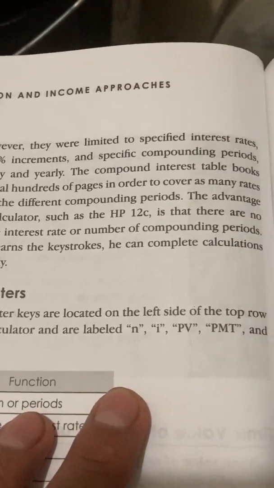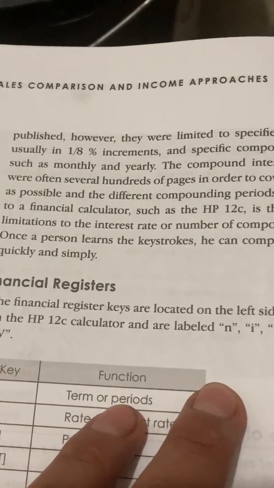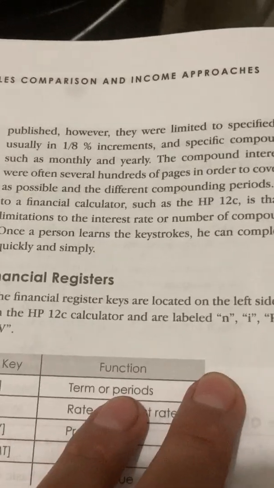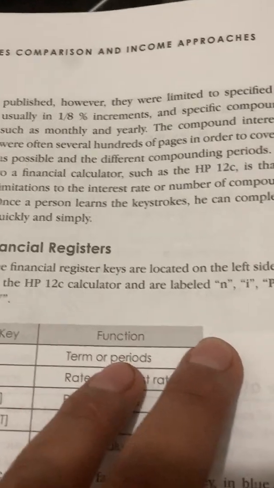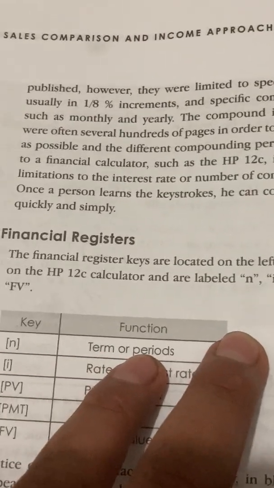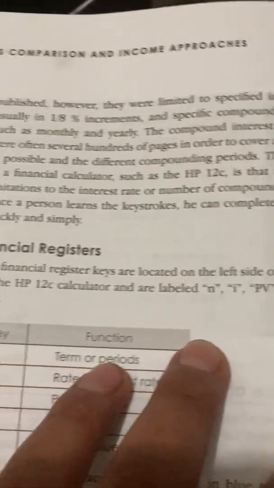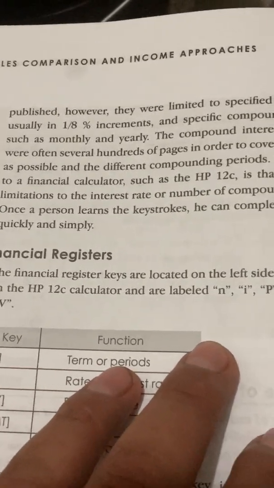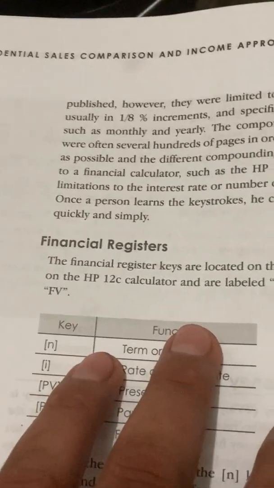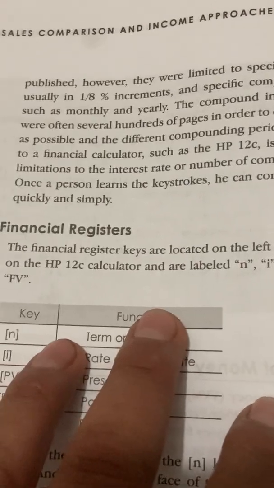The compound interest table books were often several hundreds of pages in order to cover as many rates as possible and the different compounding periods. The advantage to a financial calculator such as an HP12C is that there are no limitations to the interest rate or number of compounding periods. Once a person learns the keystrokes, he can complete calculations quickly and simply.